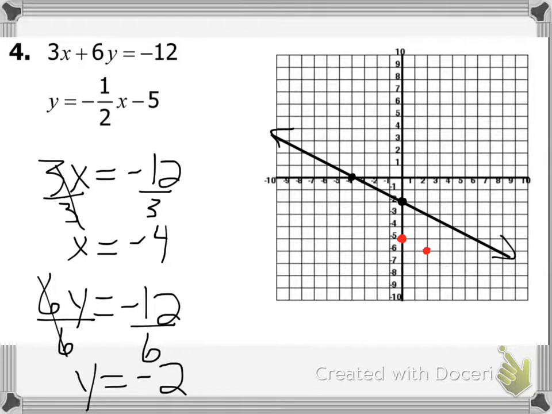Or I can go up 1, left 2. Connect my points.